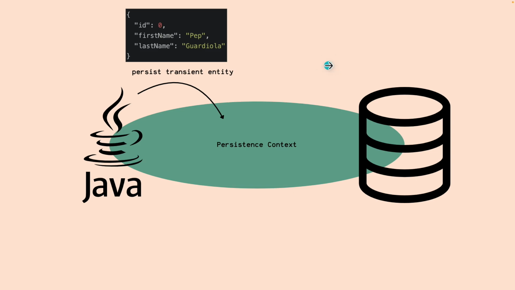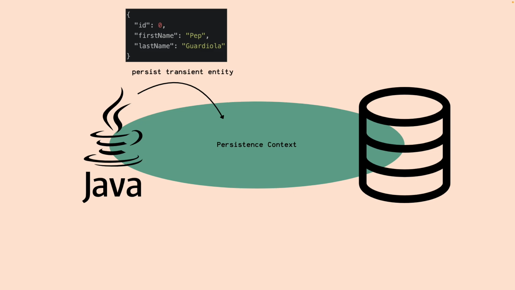Now, when we use the persist method on the entity manager, we want to use that for a new entity that is not known by the database and not known by the persistence context until now. So really a completely new object. Imagine you get a new object from an API, from some client, and this object is totally new.